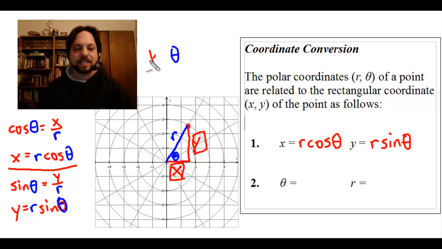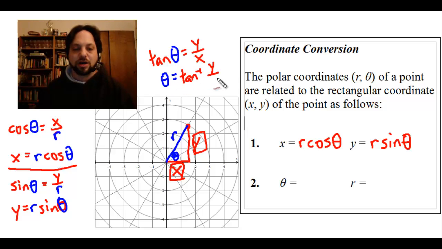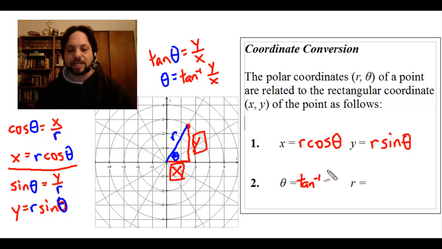Well, we could say that the tangent of theta is the opposite over the adjacent, or tangent of theta is y over x. And if I want to solve for theta, that shouldn't be too difficult then. Theta is simply going to be the arctangent of y over x. I'm going to write that as my theta equation. It's simply going to be the arctangent of y over x.